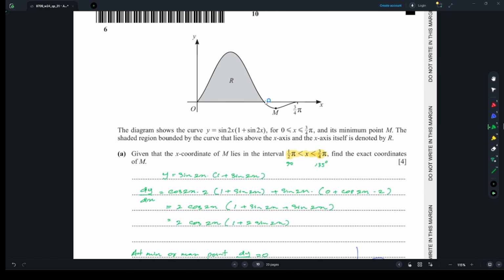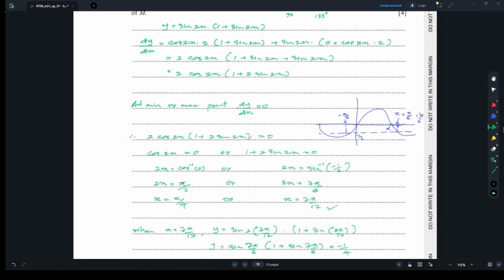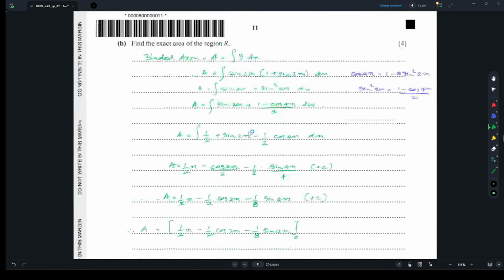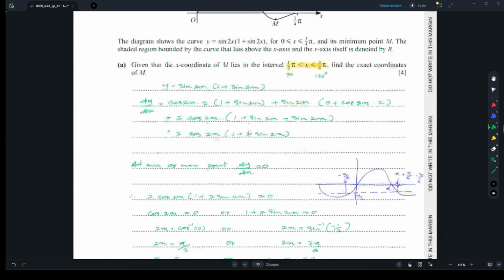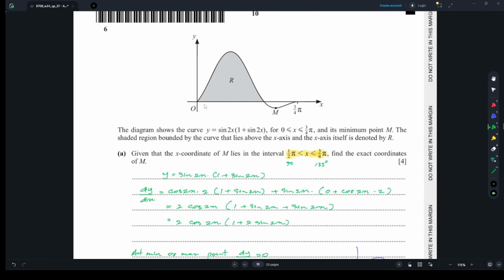So here x equals 0, right? So y equals 0. So when you have y equals 0, you will receive 0, because sine 0 is 0. And also if you put here 90, right?